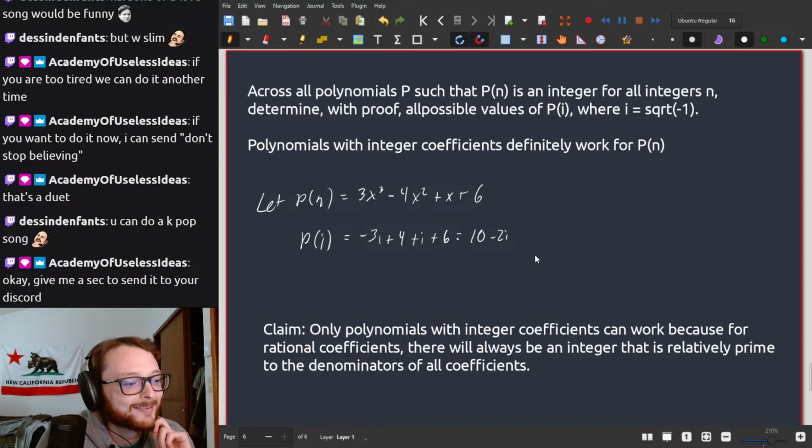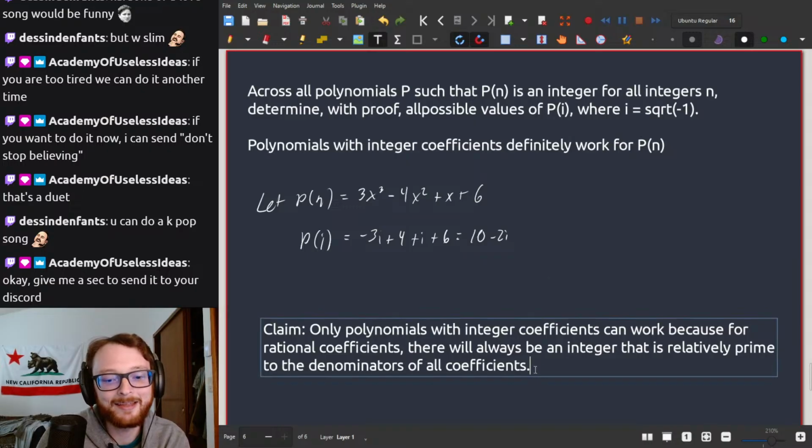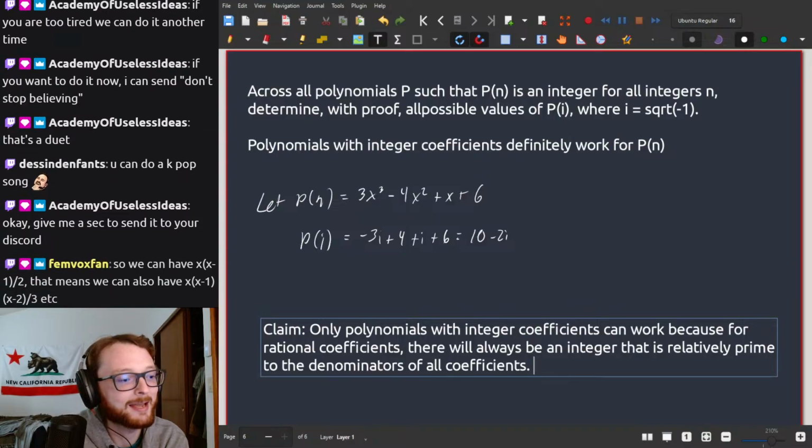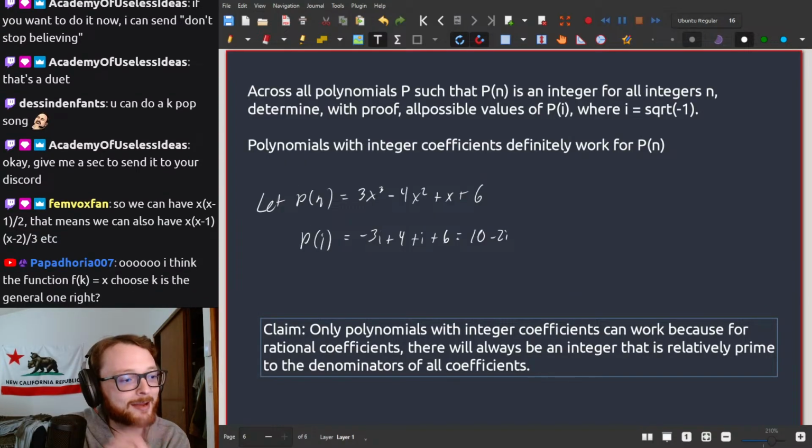Huh. So are there other... I guess that's a really clever polynomial. Can you make one with 1/3? I wonder. I guess you do 1/3 x minus 1 x minus 2. Yeah.